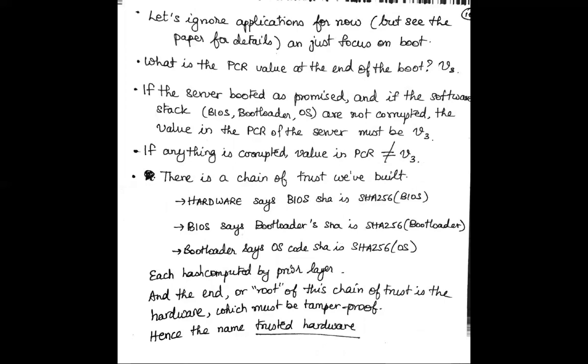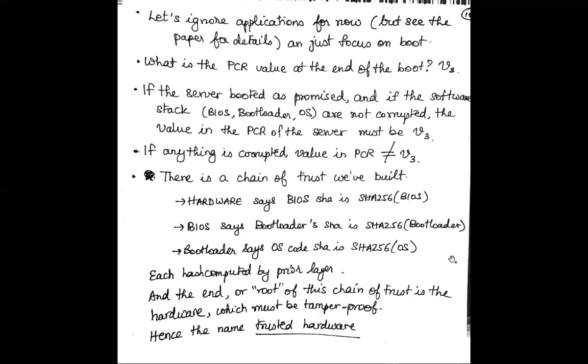All right. So what we have done here is that we have built a chain of trust right from the hardware. The hardware says that the BIOS SHA is SHA-256 of BIOS. The BIOS says that the bootloader SHA is some value. And the bootloader says that the OS hash is some value.